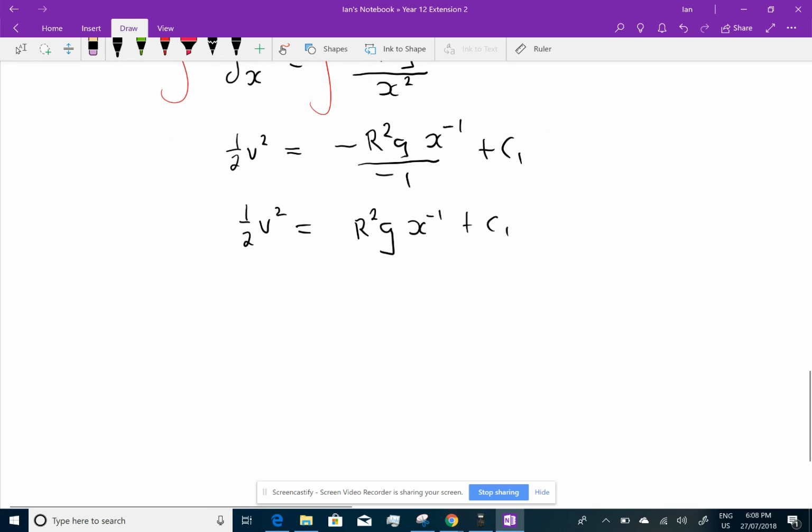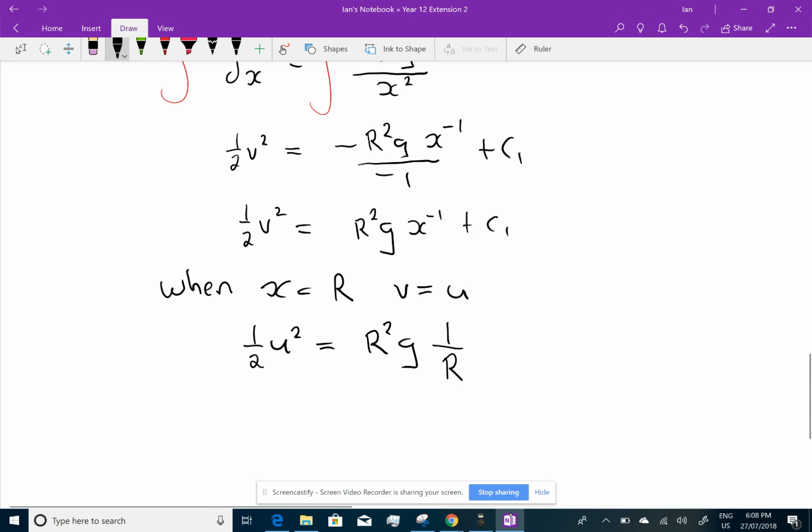Now, when x equals r, v equals my initial velocity. So a half u squared equals r squared g, 1 on r, because that's what x to the minus 1 is, plus c.